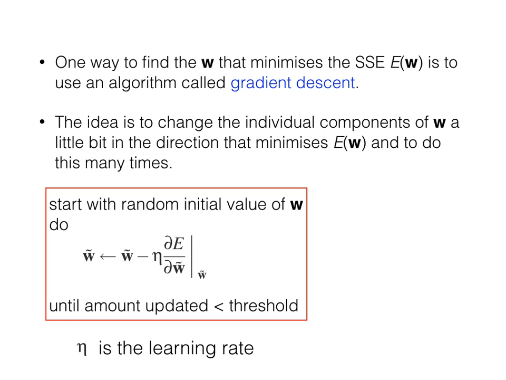So we're taking the derivative of the error with respect to the weight, so the change in error with respect to the weight, evaluated at the current position of the weight vector. So the change in error with respect to the weight is going to give us the direction that the error increases. So we want to go in the opposite direction of that, so that's why we have the negative.